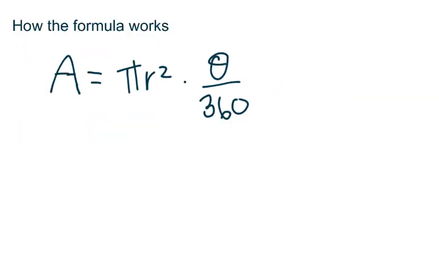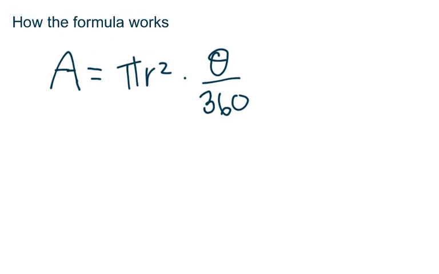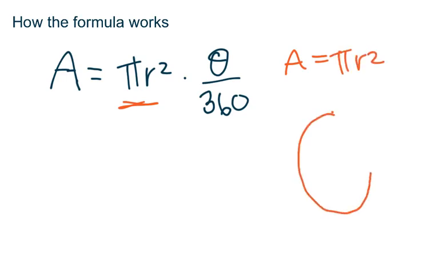Okay, so to understand the formula, we're going to take a look at how it works. If we look at this first bit of the formula here, that's just the formula for the area of a circle. You can recall from previous years that the area of a circle is just pi r squared. So we have a circle, and we're just multiplying the radius, whatever that is, by itself.